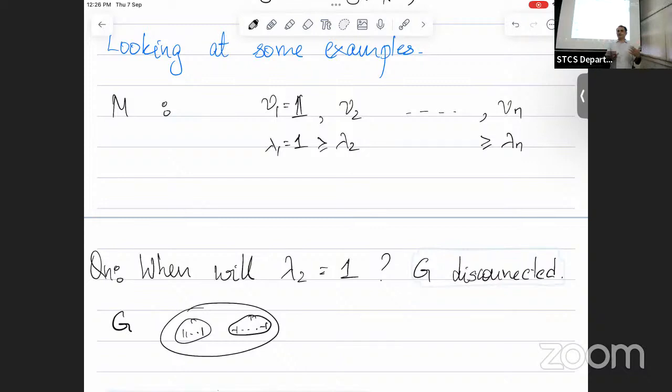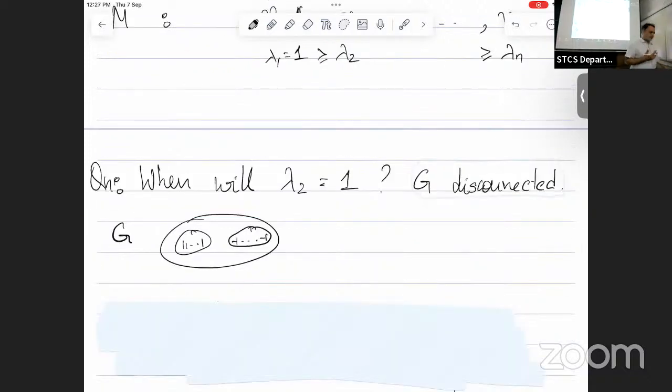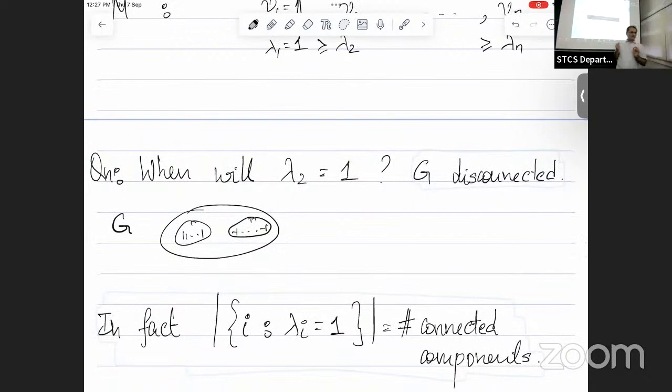But if the components were of different sizes, you will have to... ways to look at it. And in fact, it actually turns out to be the following.